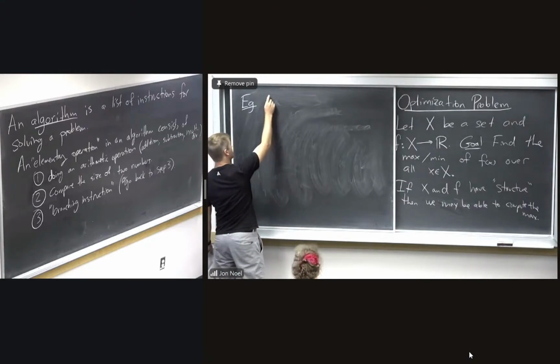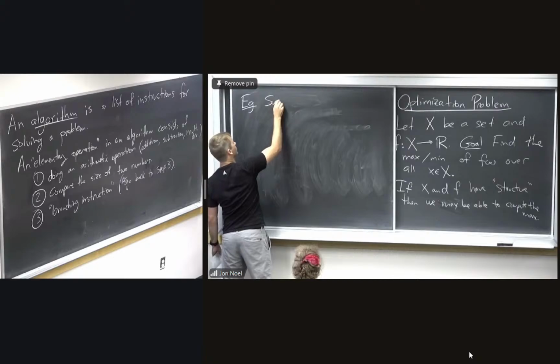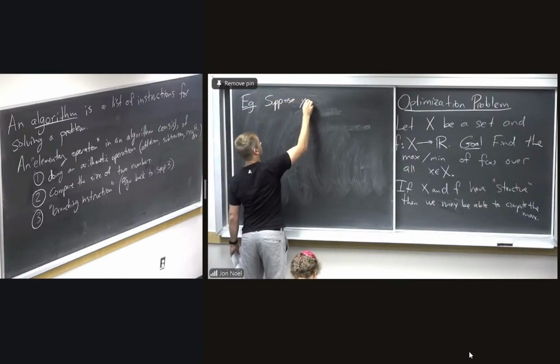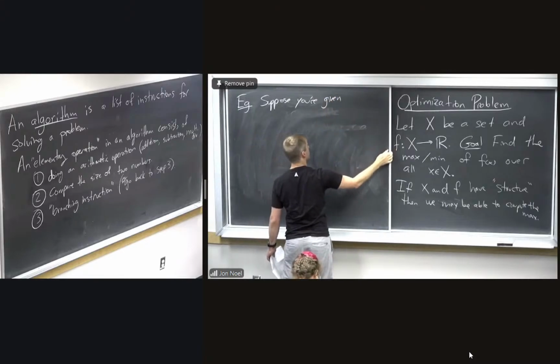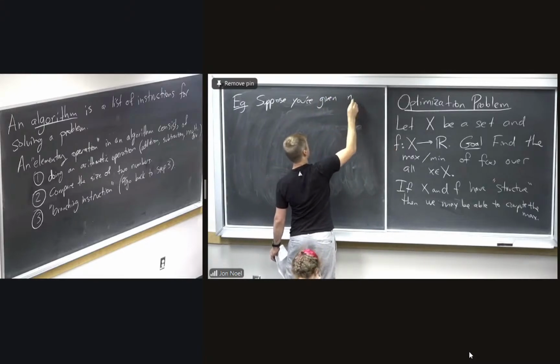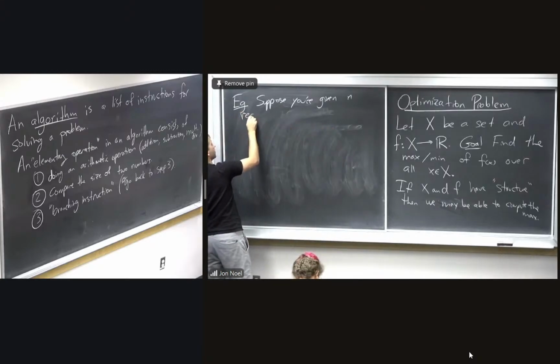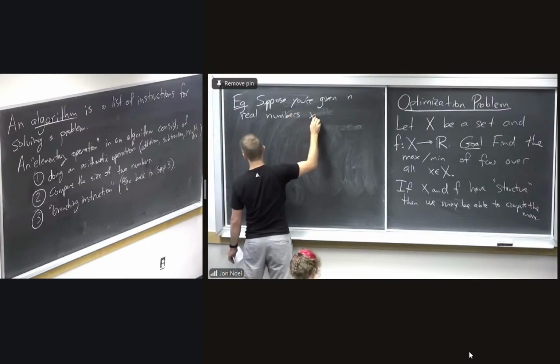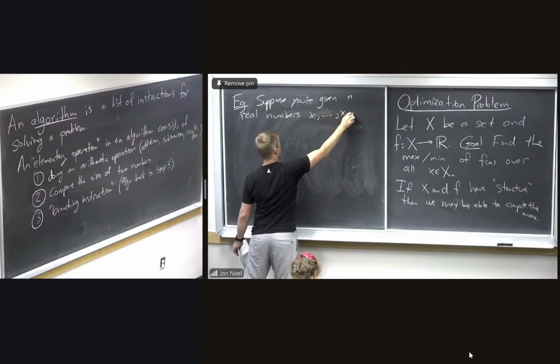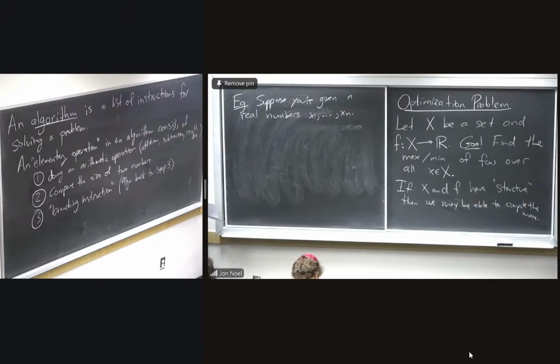Okay, so suppose you're given n real numbers x1 up to xn. This is a very classic sorting problem.